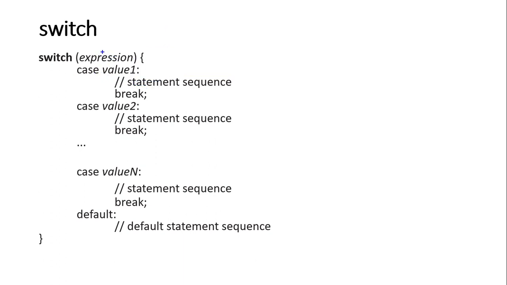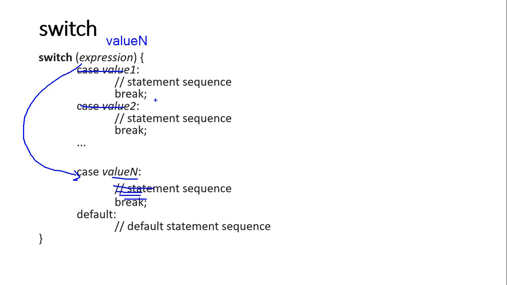So if the value of this expression is n, then the switch statement will ignore these cases and pass the control to the case n, and the statements following the case n onwards will be executed.